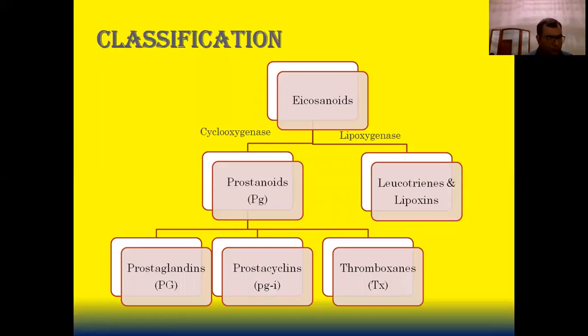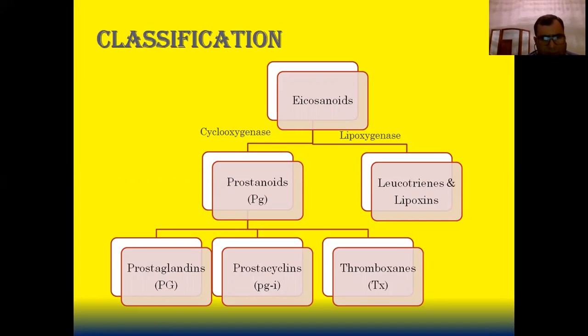So now we come to the classification of eicosanoids. As I told, they are categorized into the cyclooxygenase pathway, prostanoids, which are prostaglandins, and the lipoxygenase pathway, that is leukotrienes and lipoxins.